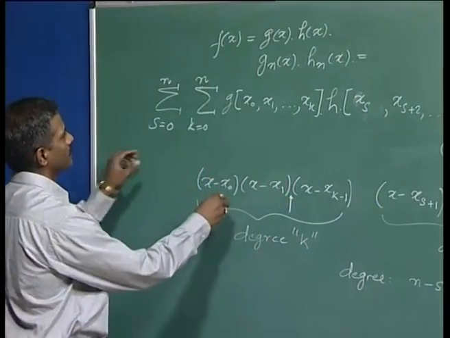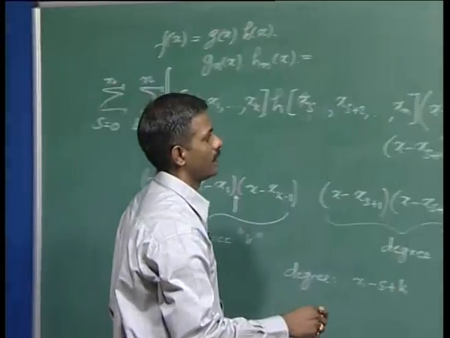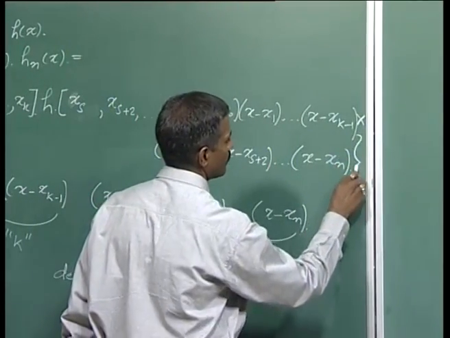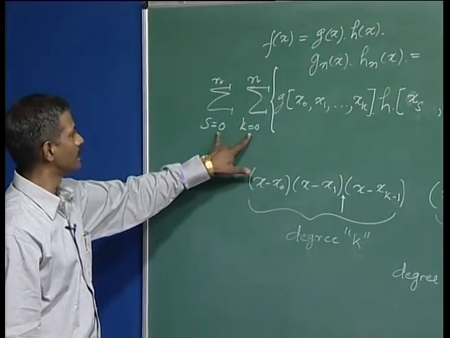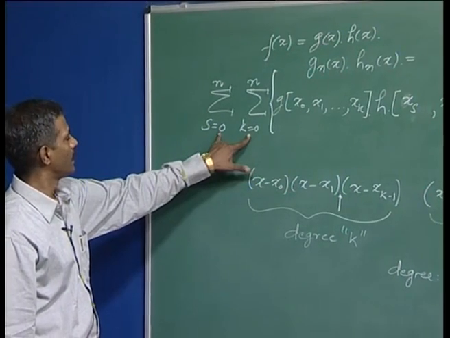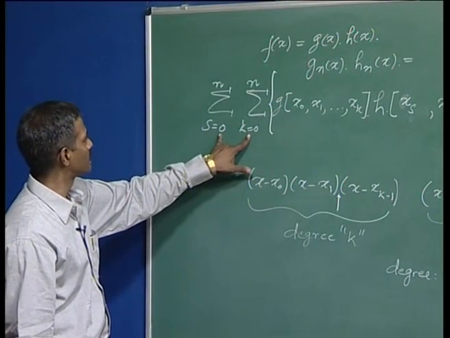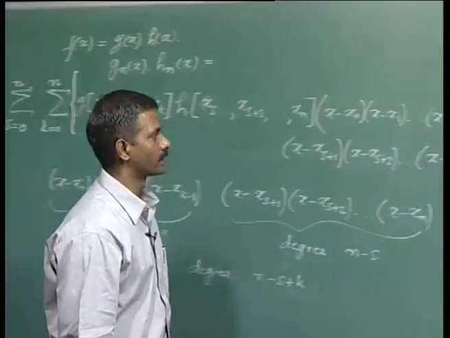Now let's come back. This here is a single term in this double summation. Now let's try to express this double summation as two parts.